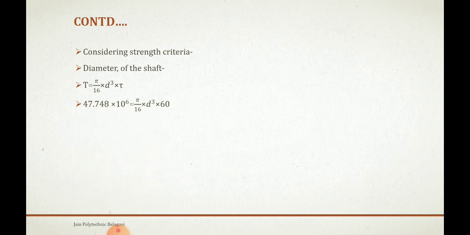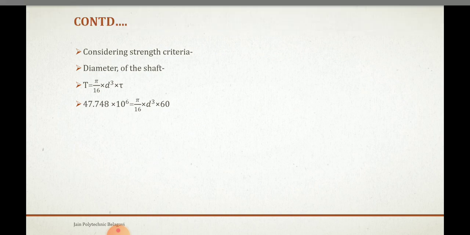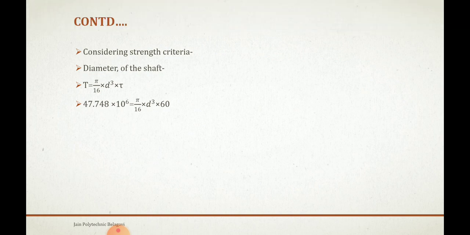So just go on substituting the values. T is 47.748 into 10 raised to 6. Pi by 16 is constant. D cube we have to find out, and tau is 60 newton per mm square, already given in the problem. So solve for D cube first.